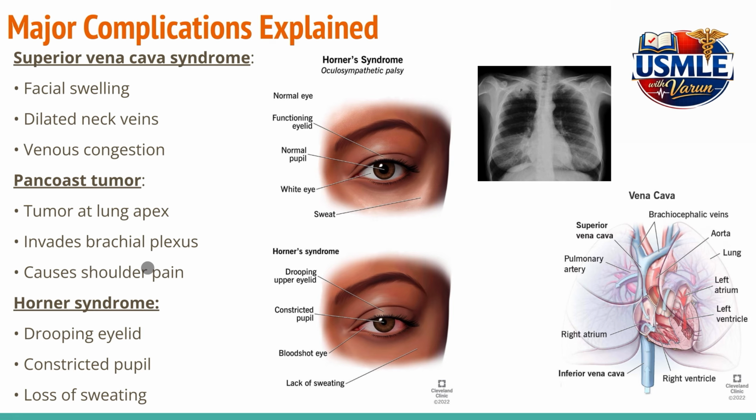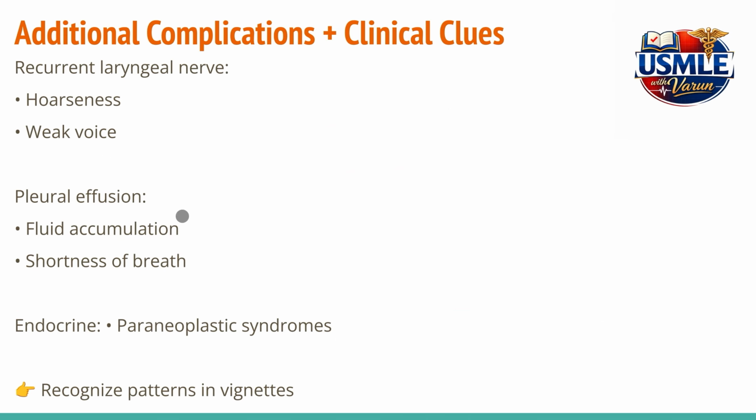If the tumor affects the sympathetic nerves, it leads to Horner syndrome, which is characterized by drooping eyelid, small pupil, and loss of sweating. So, all these things are classic clinical patterns that we need to remember. If the tumor compresses the recurrent laryngeal nerve, the patient develops hoarseness due to vocal cord paralysis.